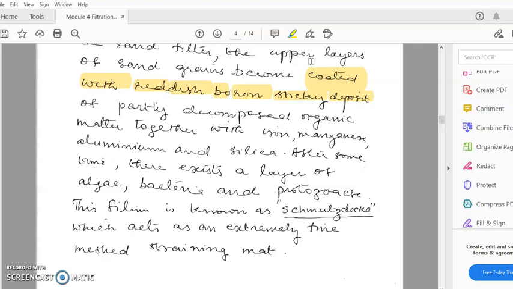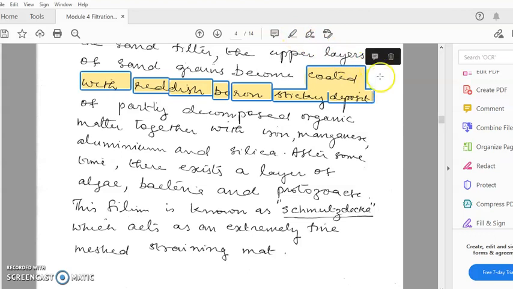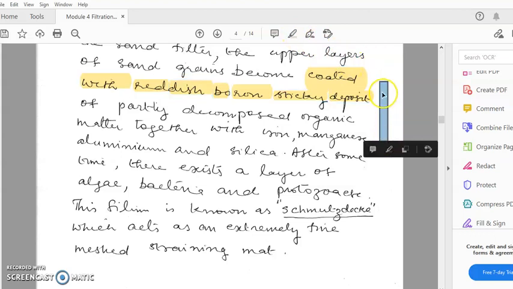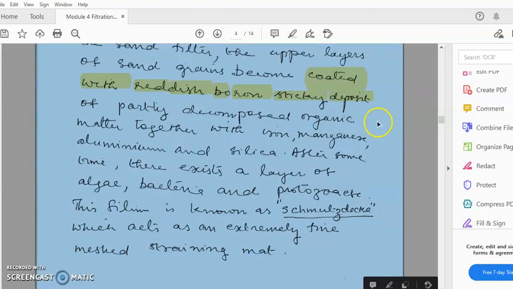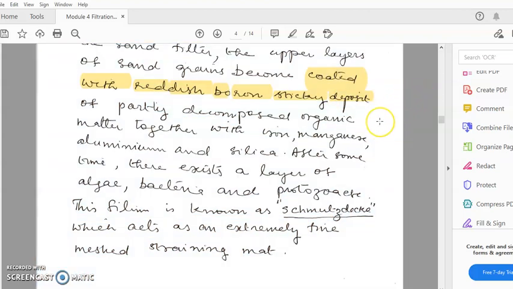When these microorganisms are caught and collected within this media, a reddish brown sticky deposit is formed over the sand grains.